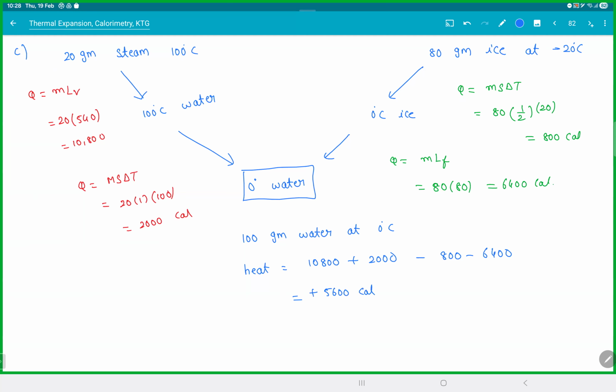So your question has simply become: I have 100 grams of water at 0 degrees and someone has given 5,600 calories of heat. Q is equal to ms delta T. 5,600 is equal to 100 into 1 into delta T. 56 degrees. Everything is water. Is the process clear, everyone?